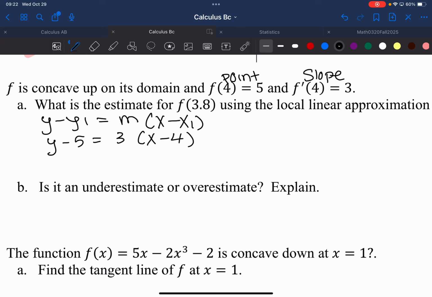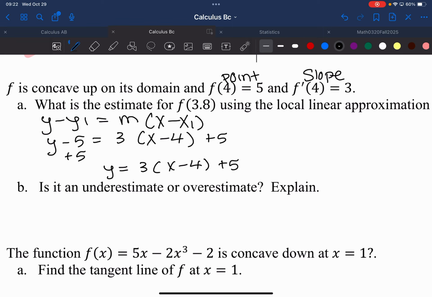So we can use this to approximate f of 3.8. Well, we could add this 5 over. We're not simplifying anything from this. We're simply adding that 5 over, so we have y by itself. So that's 3 times x minus 4 plus 5.